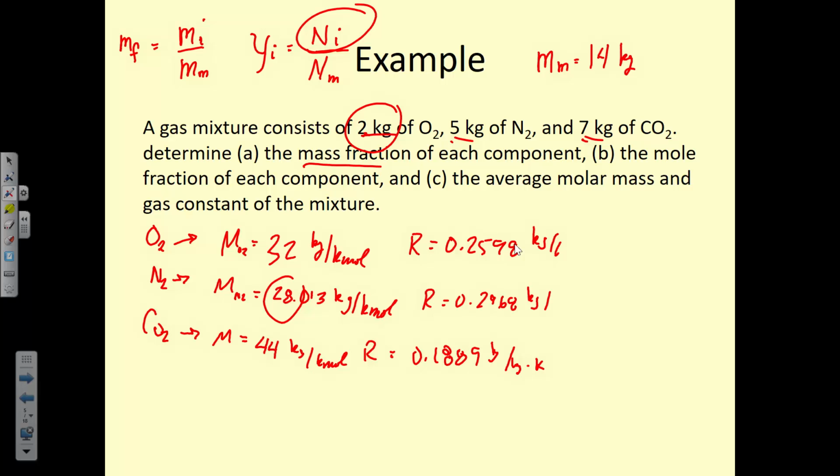What is it? It's this n value. Do you see anything that's an n? No, we don't know the number of moles. We know the mass, right? And we know the molar mass. Moles are in the units of kilomoles. How do we get kilomoles with what we already have?